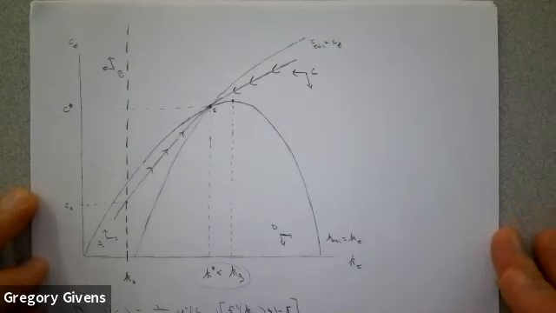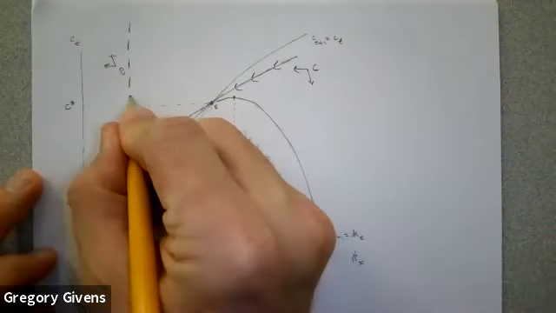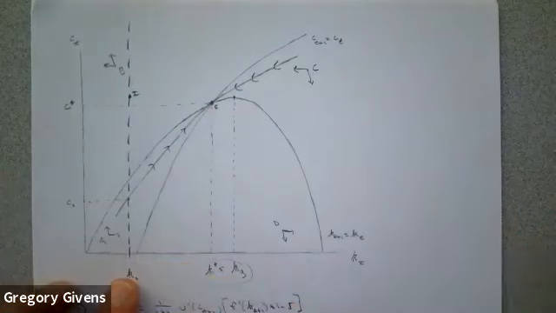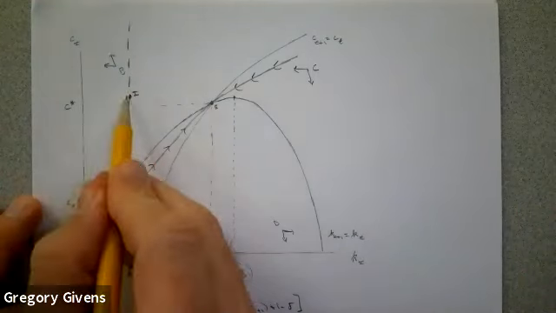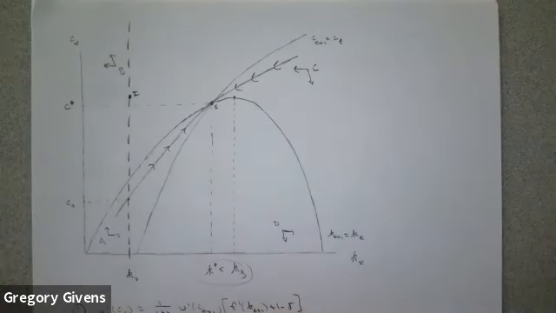All right, let's take a point, for instance. I'm gonna pick a point right here, and call this point 1. In other words, without loss of generality, this is our initial value of capital in the economy. This is what we're endowed with, okay? Now let's pretend for a moment that initial consumption is way up here at point 1. According to the phase diagram, what is going to be the subsequent path of capital and consumption in this model?